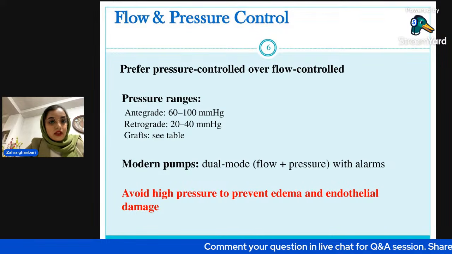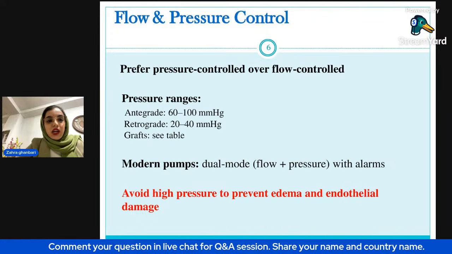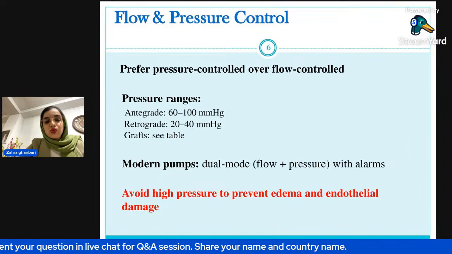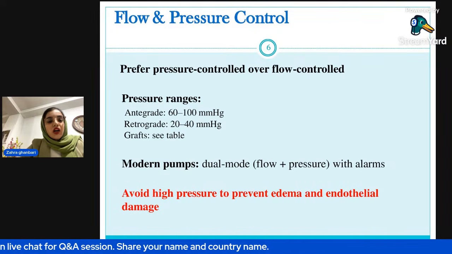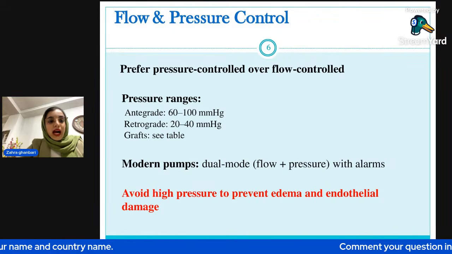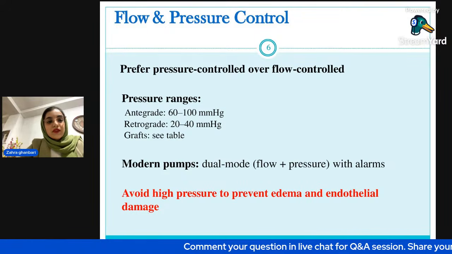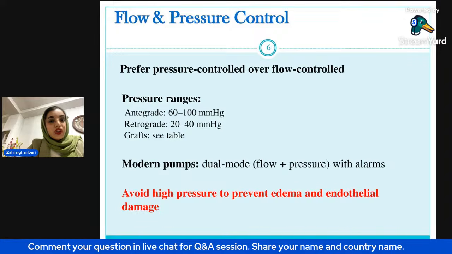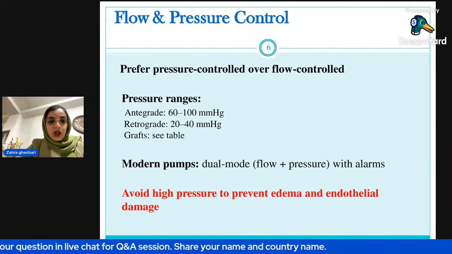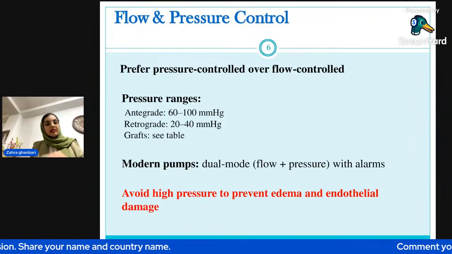For the pressure range, for antegrade the normal range is 60 to 100 mmHg. Retrograde is 20 or 30 to 40 mmHg. For grafts, radial, LIMA, and RIMA is less than 60 mmHg, and for saphenous vein is less than 40 mmHg. Avoiding high pressure to prevent edema and endothelial damage is important. Go to the next slide, please.